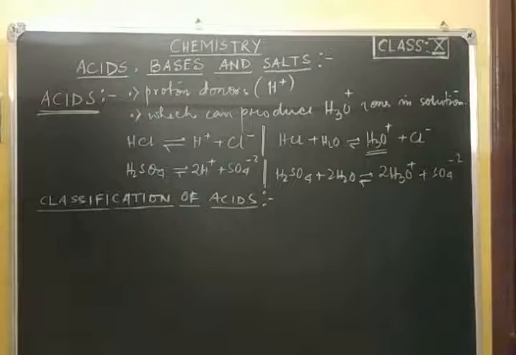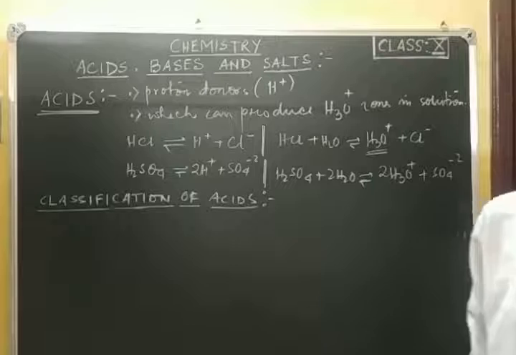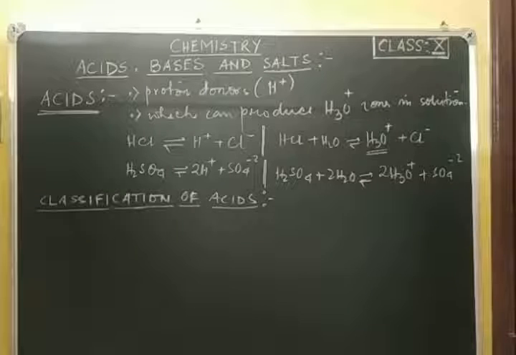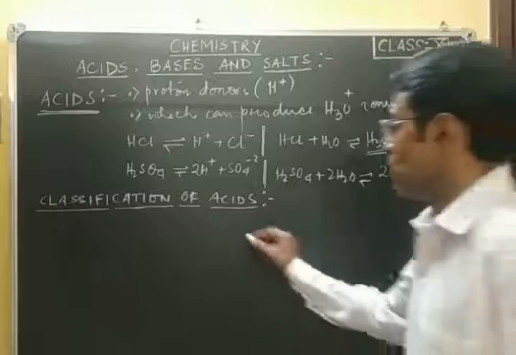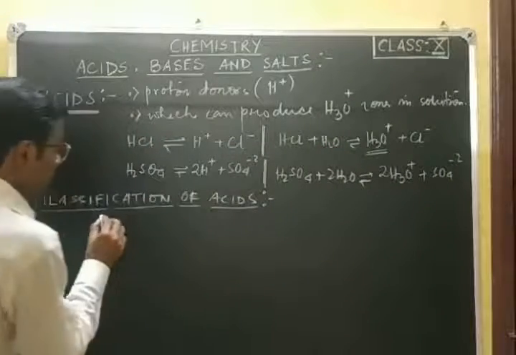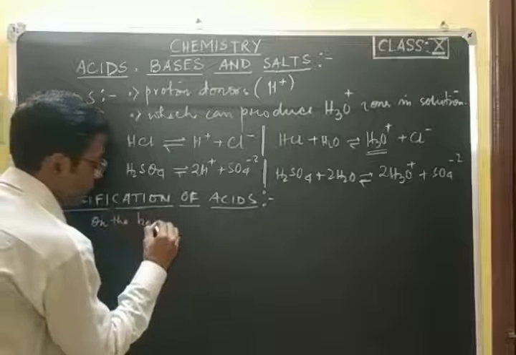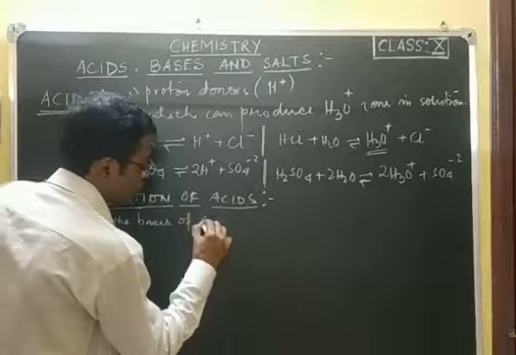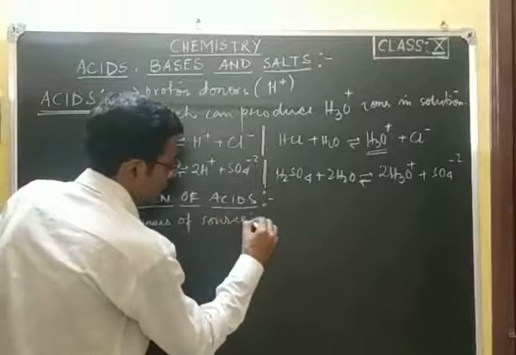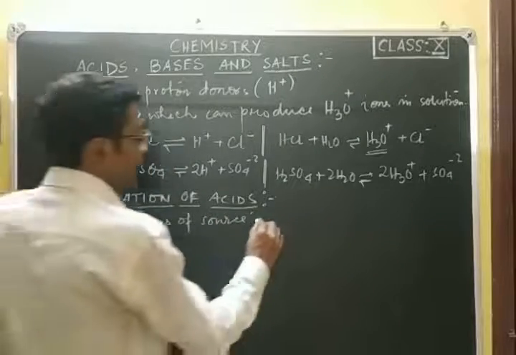So first we will start with respect to their source. That means from where we can obtain the acids. So on the basis of the source, here we are classifying on the basis of source. Source means from where you can find the acid.